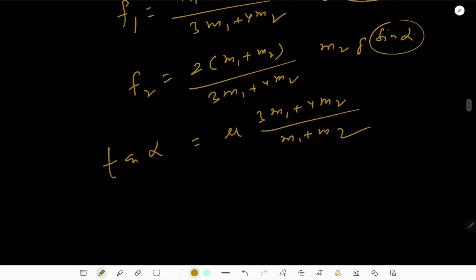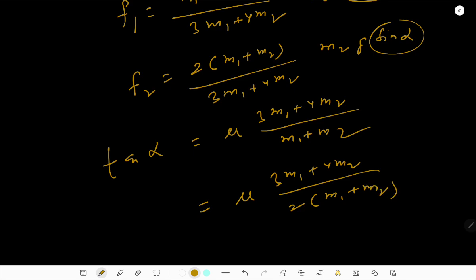In the second case, you get mu times (3M1 plus 4M2) divided by (2M1 plus M2). So you can see that the right hand side of the inequality in the second case is less than the right hand side in the first case.